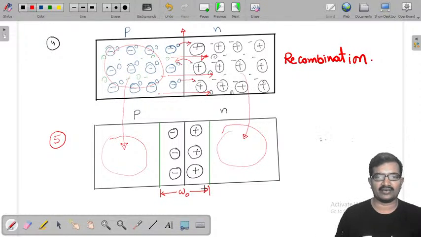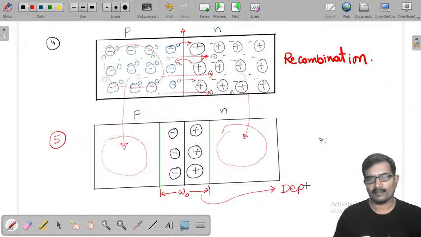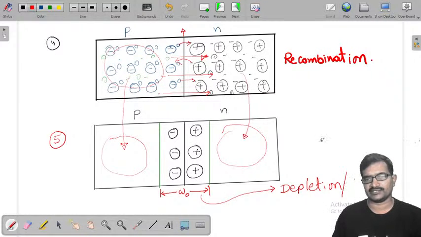This is called the depletion region, or space charge region.